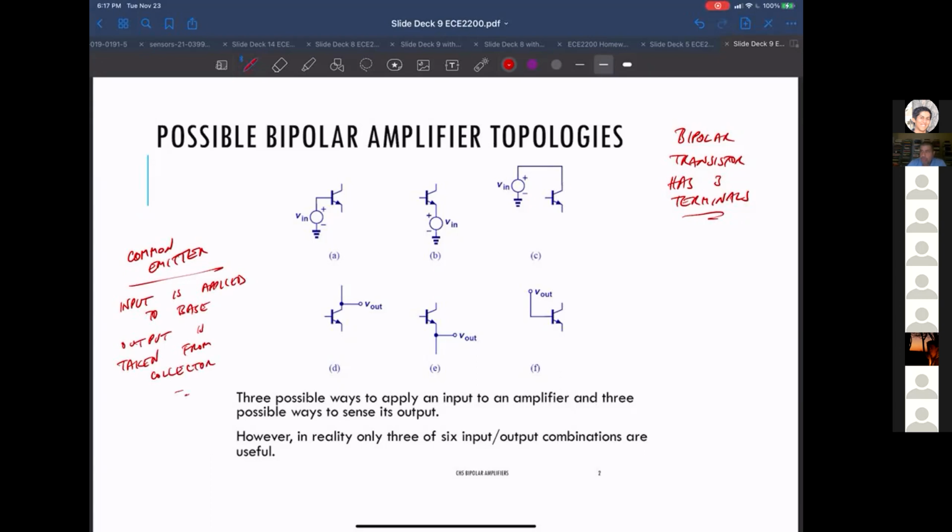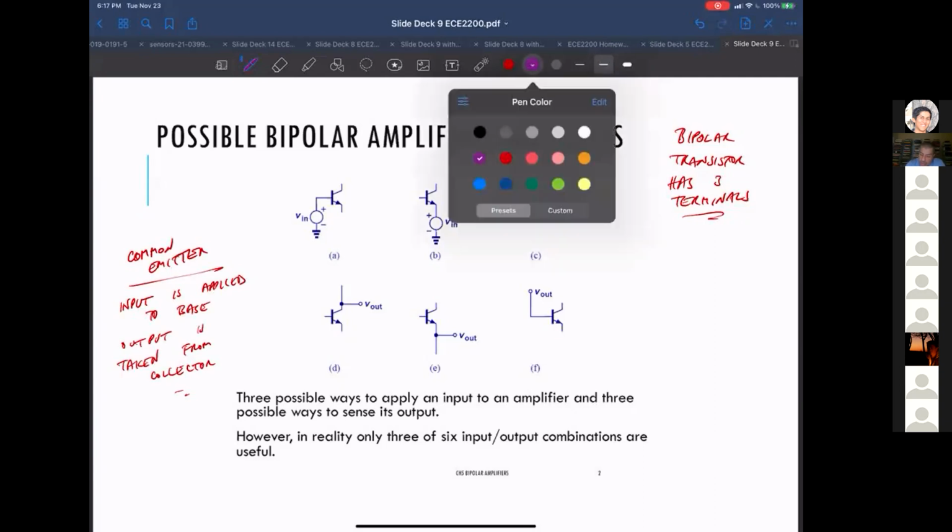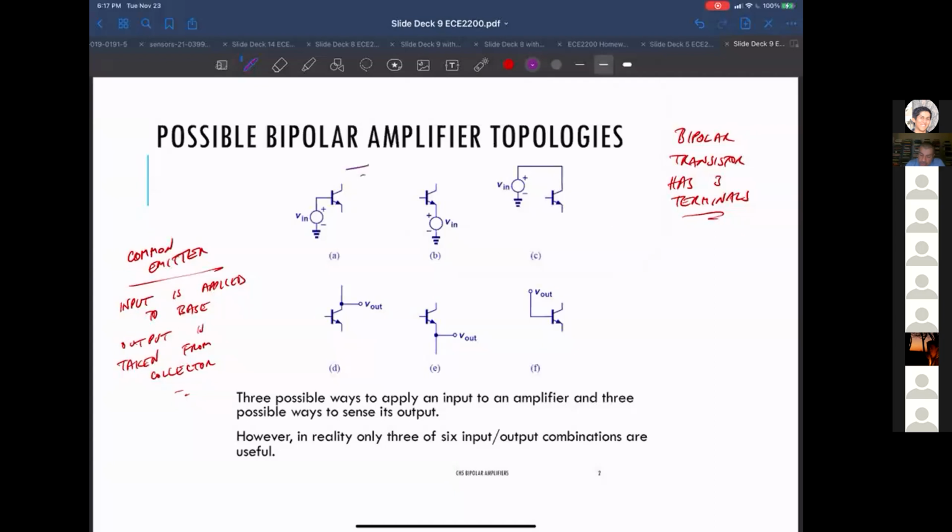Now you might hook up a resistor to the emitter, degenerate it, or hook the emitter to ground, but that's the configuration. So essentially it looks like some variation of this.